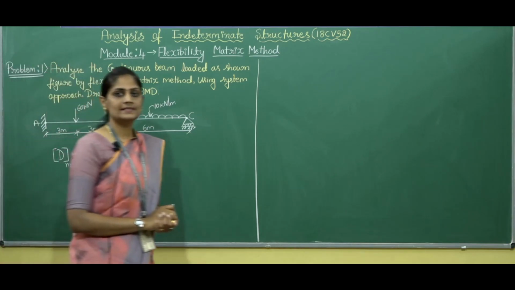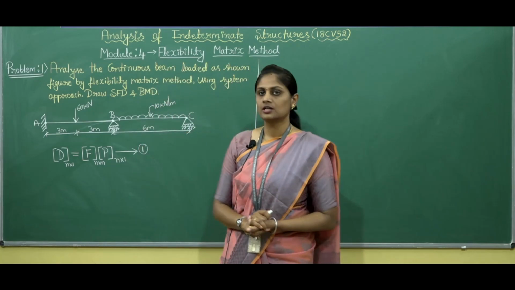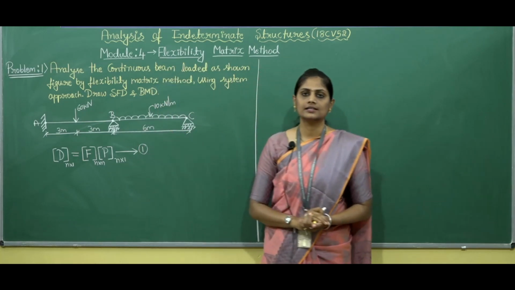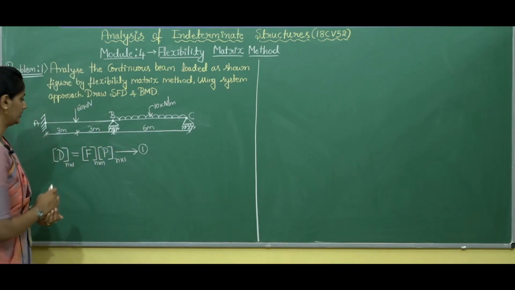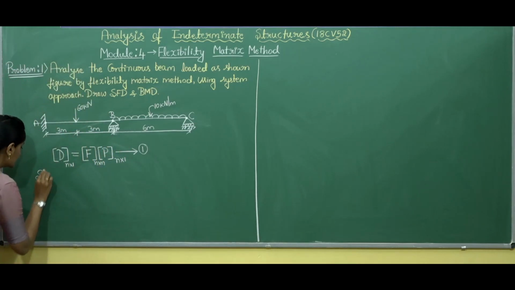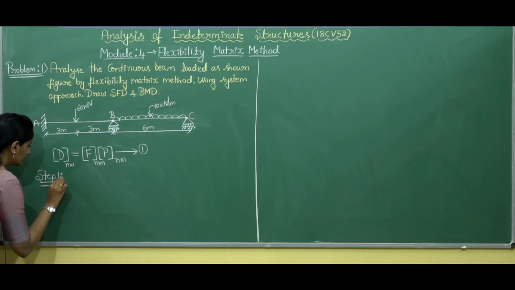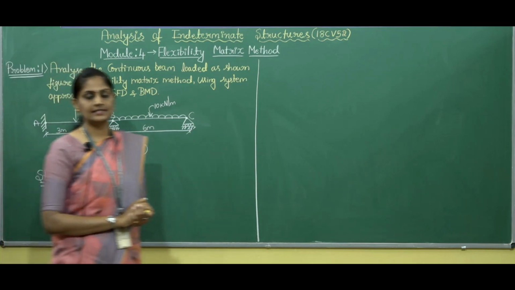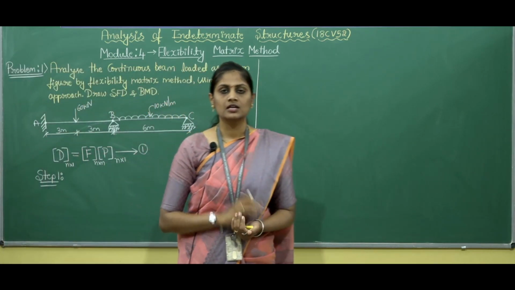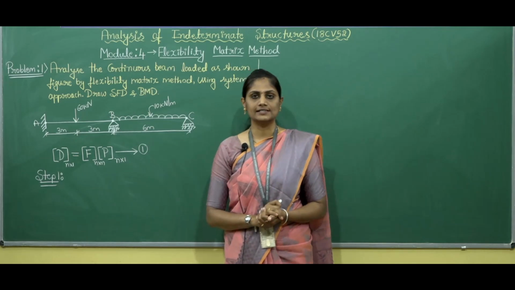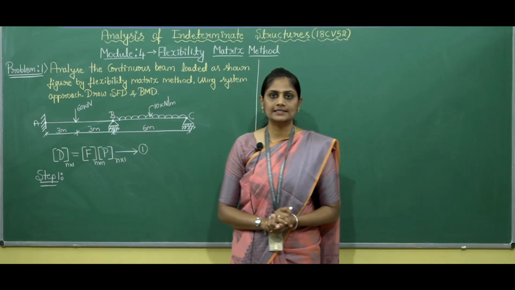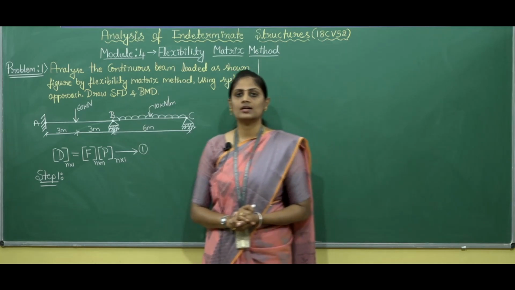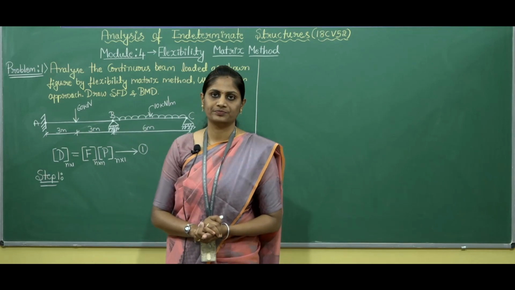We have very simple steps to be followed to analyze this particular continuous beam. Let us take step number 1. Here, step number 1 is to find the degree of static indeterminacy. After finding the degree of static indeterminacy, based on the number of static indeterminacy, we need to assume the redundants.